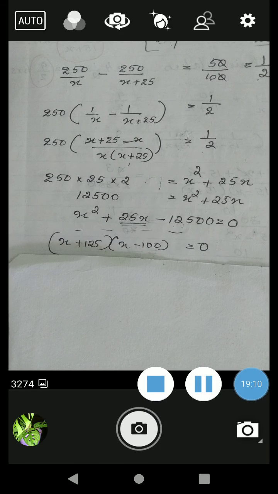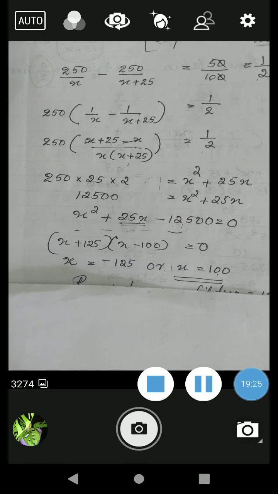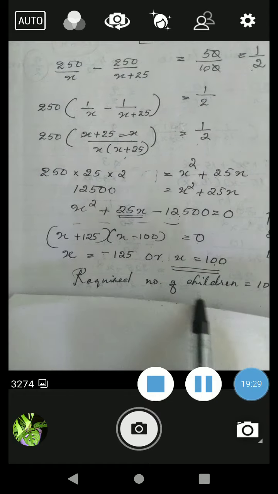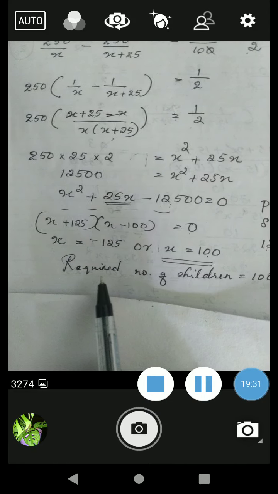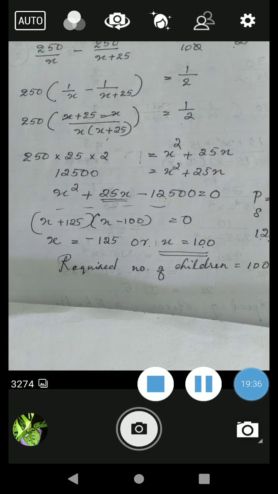Then the factors become x plus 125 into x minus 100 equal to 0. Therefore, x is equal to minus 125 or x is equal to 100. The number of children will not be negative, so we can ignore negative 125. Therefore, required number of children is 100.